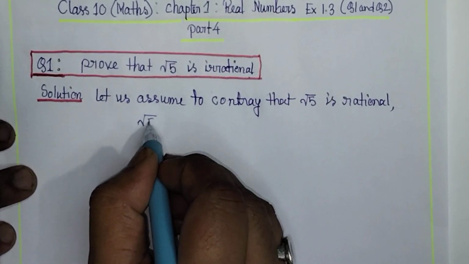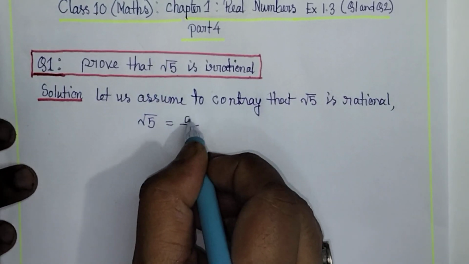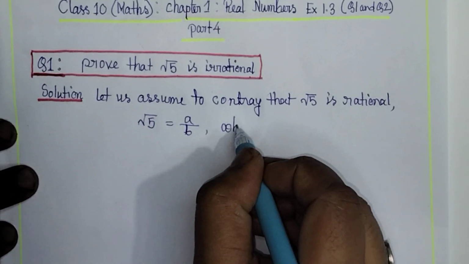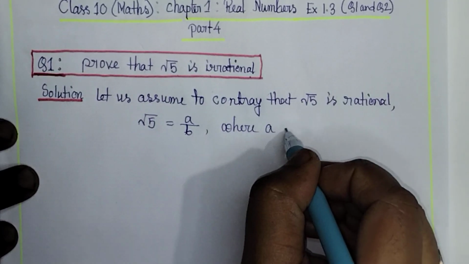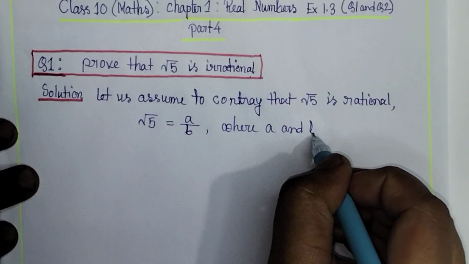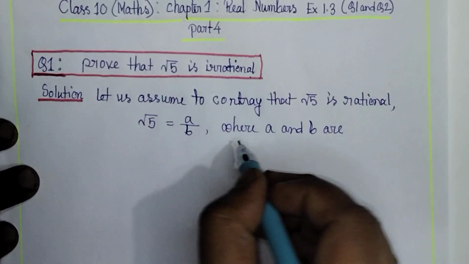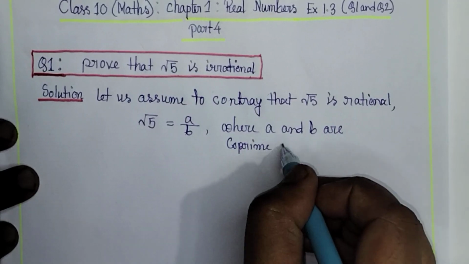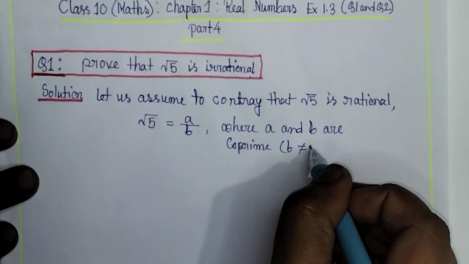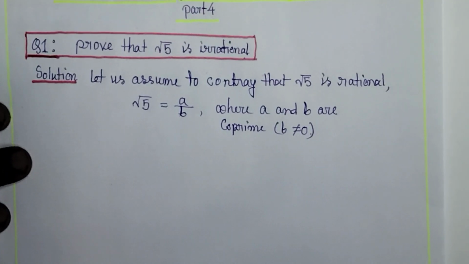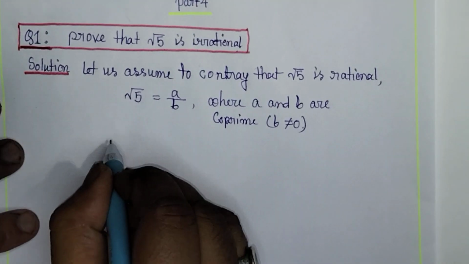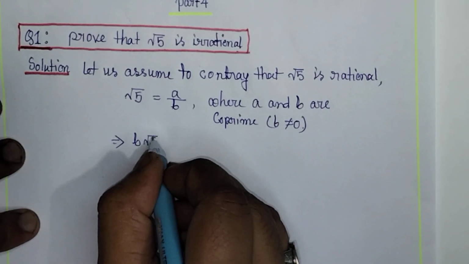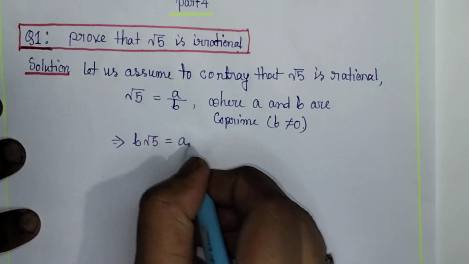So root 5 equals A by B, where A and B are co-prime, and B is not equal to 0. So cross multiplication, B root 5 equals A.